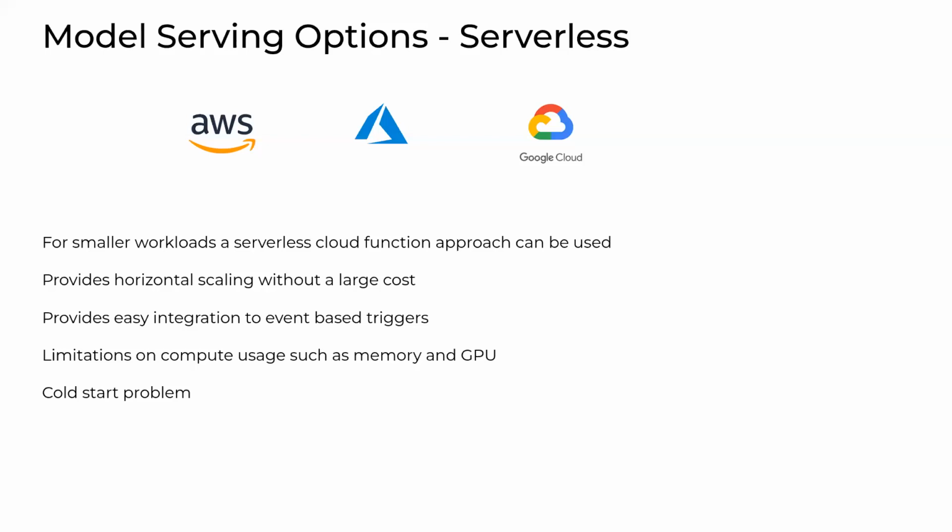And what you would have to do is define your model inference code within a single function, and use that to infer. So one nice thing about using these functions, whether it be AWS or Google Cloud or Azure functions, is that they have nice integrations with event-driven triggers.